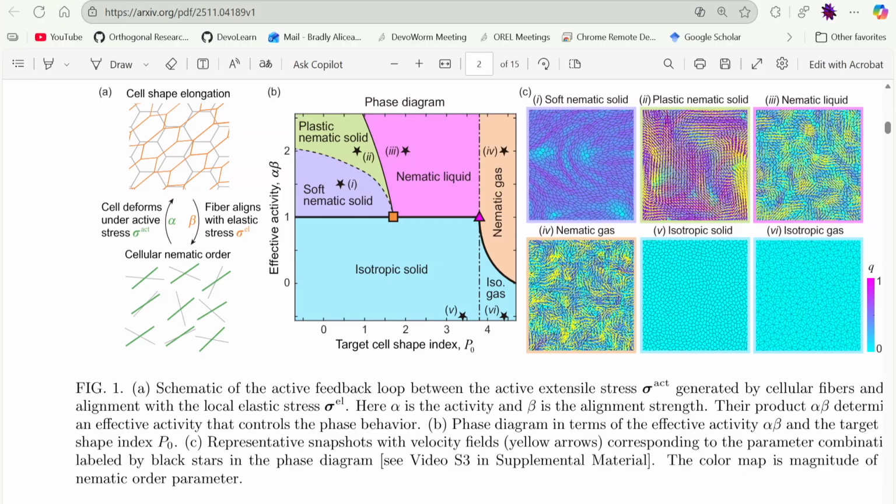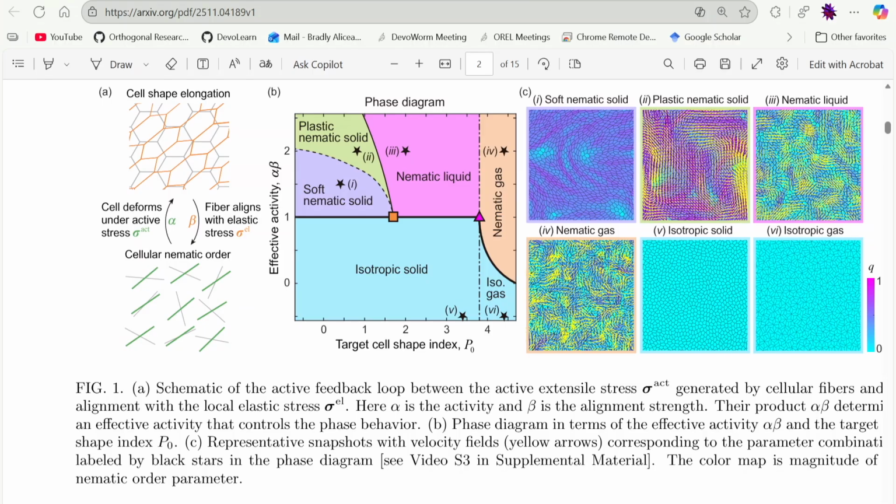So there's active stress and elastic stress components, and then that determines the nematic order. And I guess there's some phase transition that happens in certain regions of the tissue that give it these shifts in nematic order. You can see it's changing its orientation here. They have these little sticks or lines underneath down here.